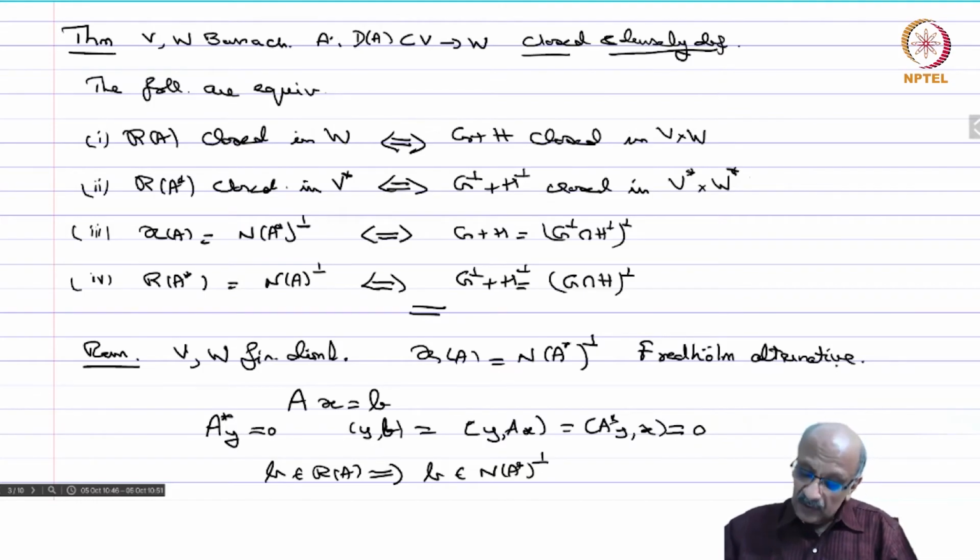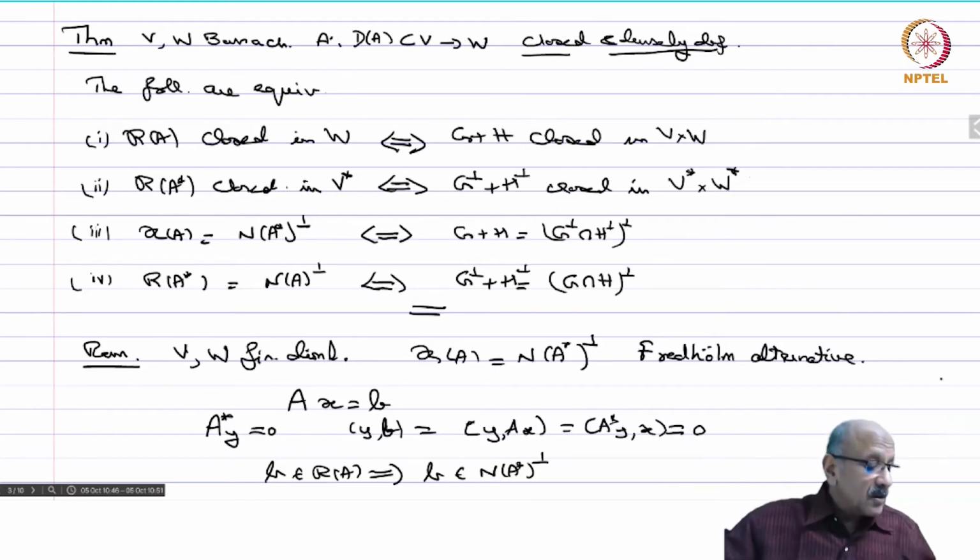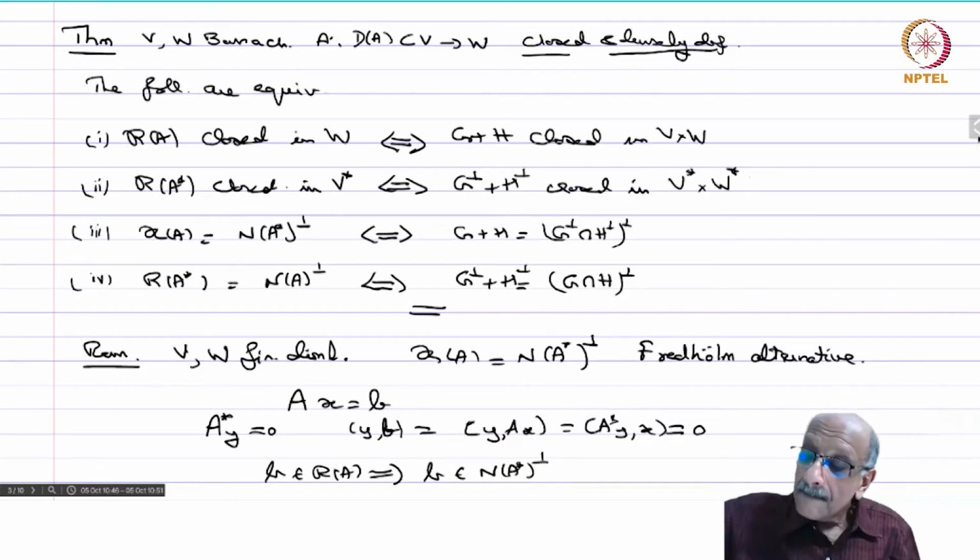So this is in fact the compatibility condition that B must satisfy in order that this equation has a solution. So this equation has a solution if B is in the range of A, and for that it needs to satisfy some condition, and that's precisely saying that yb equals 0 for every y with A star y equal to 0. And that result is called the Fredholm alternative.